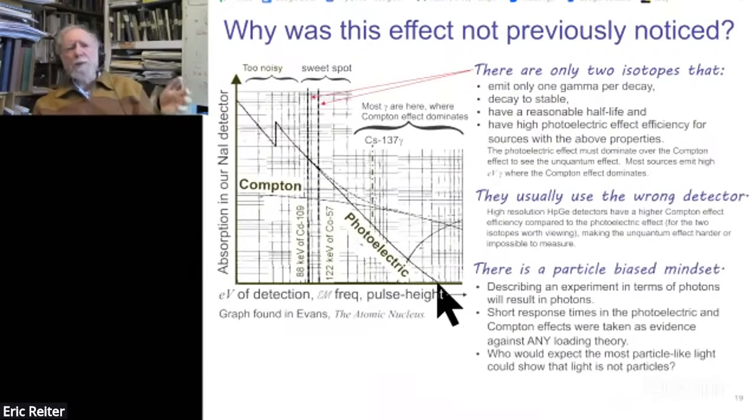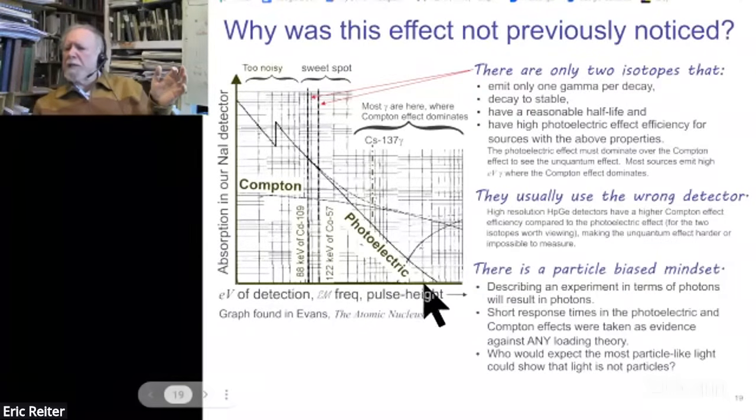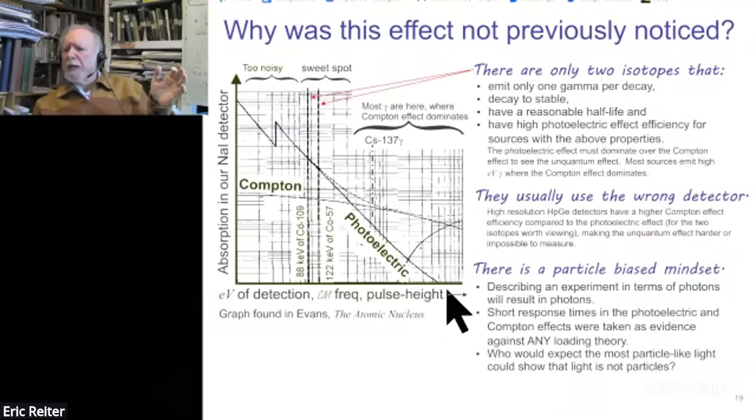The property of the detectors that's really important is to have the photoelectric effect efficiency higher than the Compton effect efficiency for the frequency of the gamma ray that you're using. The horizontal here is the frequency of the gamma ray.